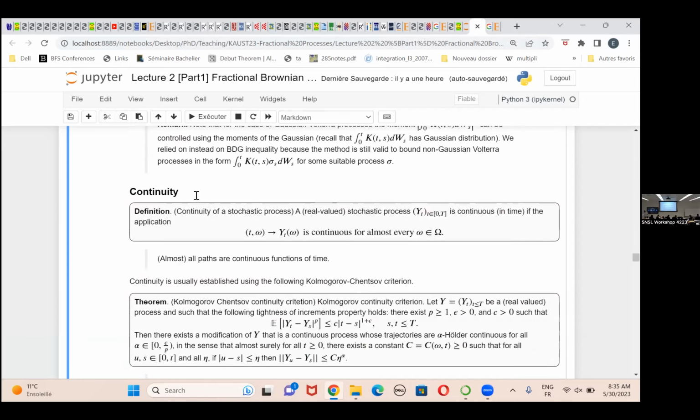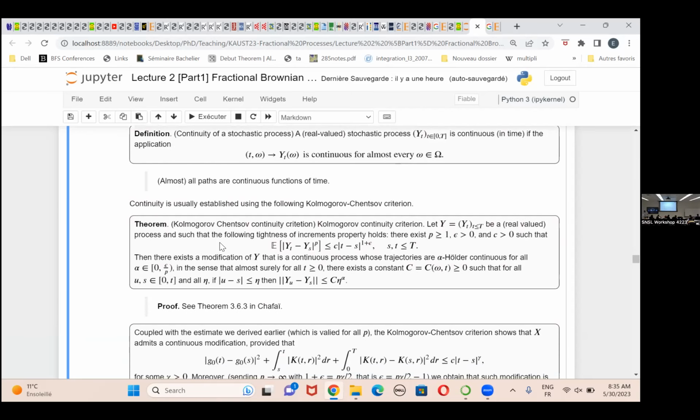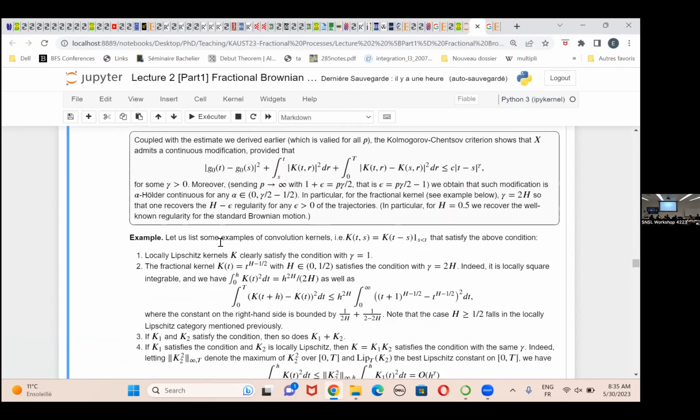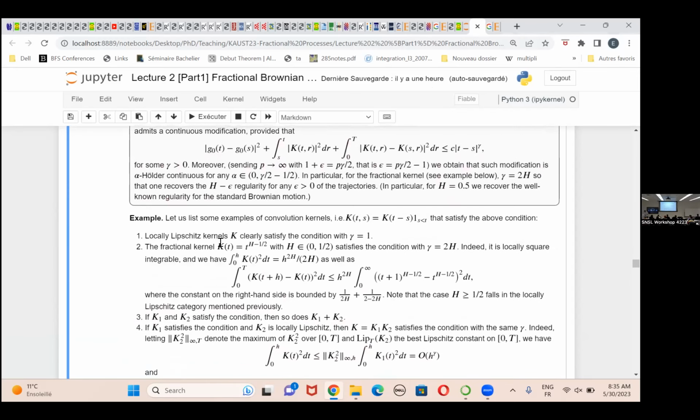So what you can show is that fractional Brownian motion will be continuous, and even Hölder continuous of any order strictly less than H. This means that standard Brownian motion is almost 1/2 Hölder continuous: you're Hölder continuous of order 0.5 minus epsilon for any strictly positive epsilon.